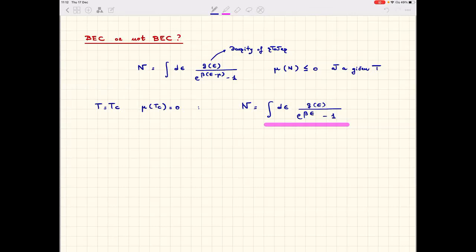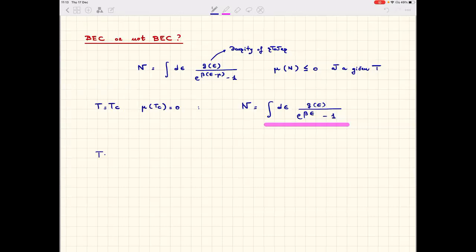In the cases in which there is Bose-Einstein condensation, then you say, what is the condensate? The condensate is all the particles that are sitting in the ground state. How many particles are sitting in the ground state?